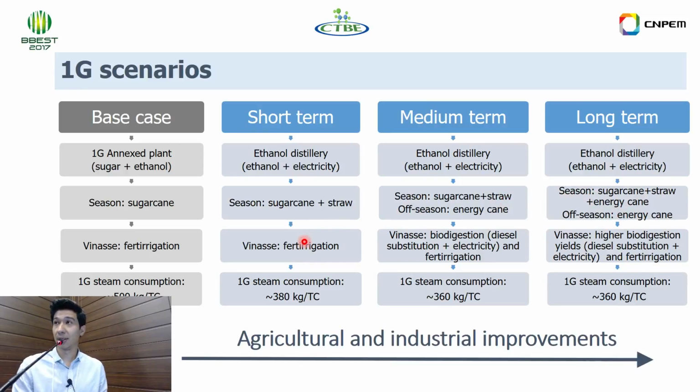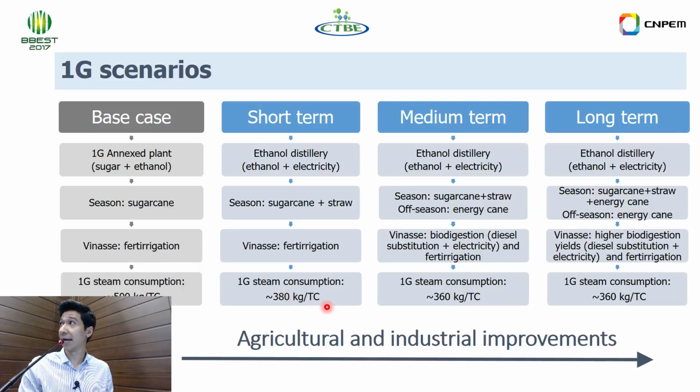When we talk about how we use the byproducts of the mill, we can see that gradually biodigestion is introduced in the first generation plants, and then with biogas we could substitute inputs like diesel and produce more electricity for the mill that would help the investor to have a faster payback.